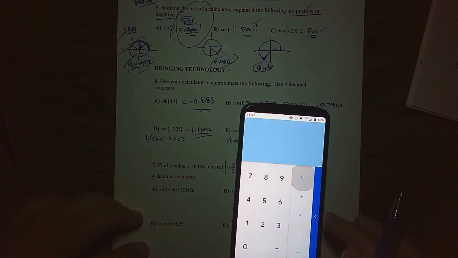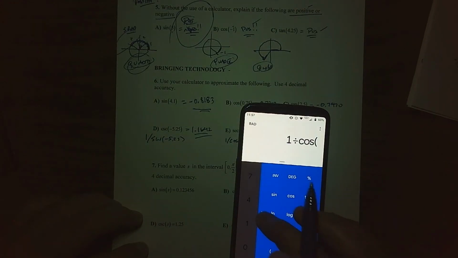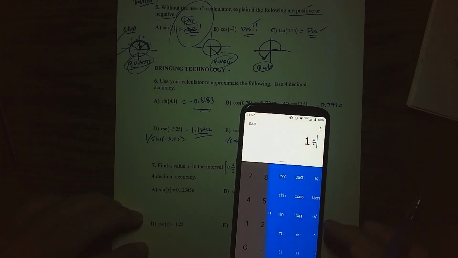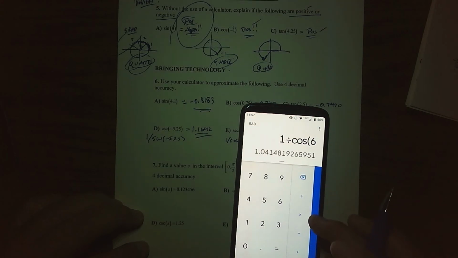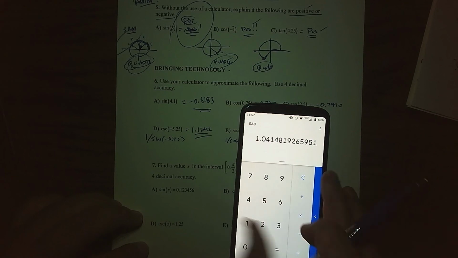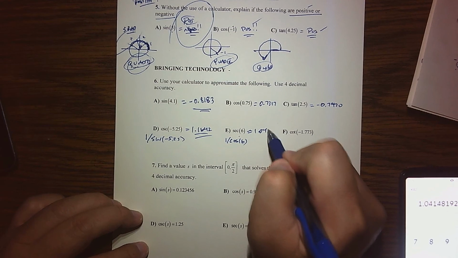Secant of 6, well, that's basically 1 over the cosine of 6. So I'll come back to my handy-dandy calculator, say 1 divided by, and the cosine of 6, right, and that equals, looks like 0.0415. So 1.0415.